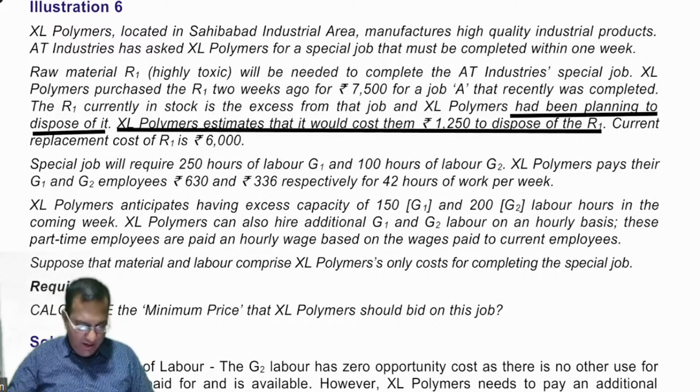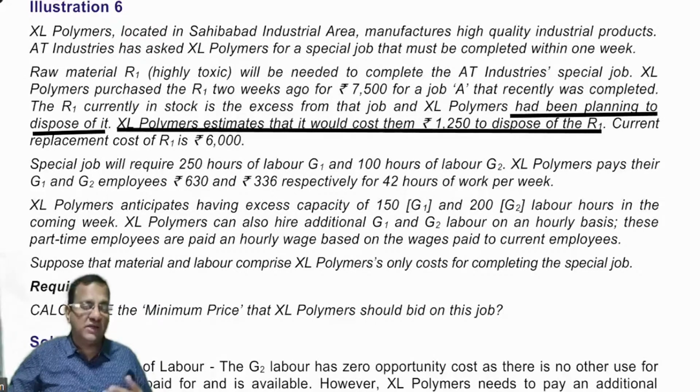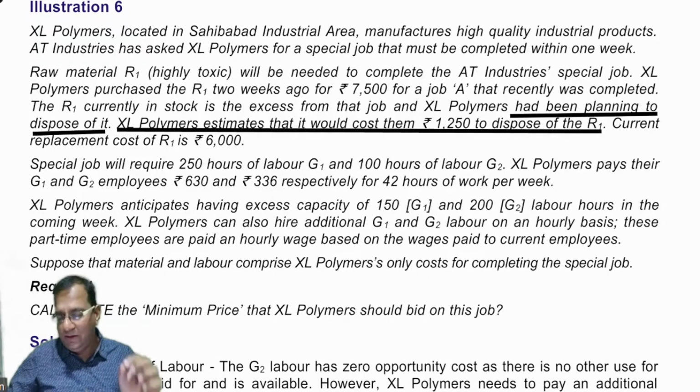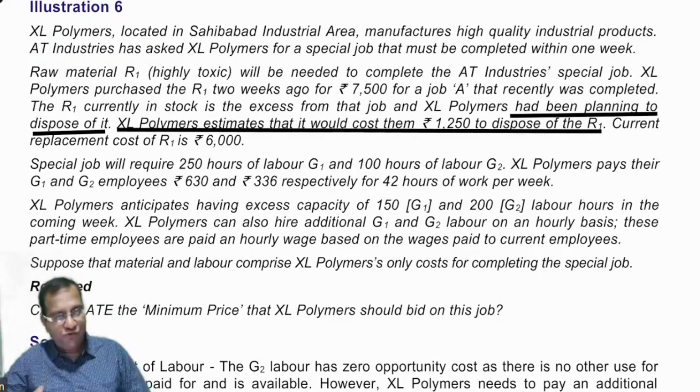Excel Polymer estimates that it would cost them 1,250 to dispose of the R1 raw material. R1 is a highly toxic material, and if not in regular use, we have to destroy it. Through this line, can we confirm that R1 is to be destroyed, not resold?